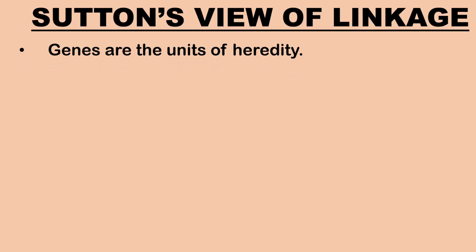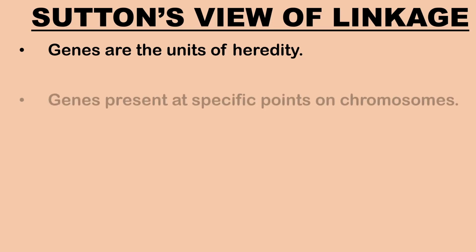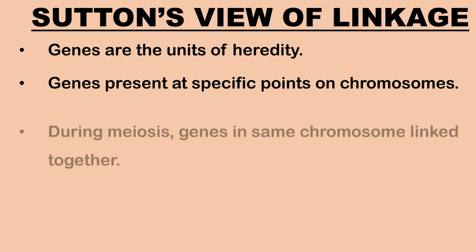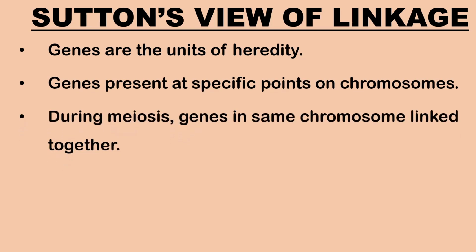Next is Sutton's view of linkage. According to Sutton, genes are the units of heredity. Genes are present at specific points on the chromosome. During meiosis, genes present in the same chromosome will be linked together.